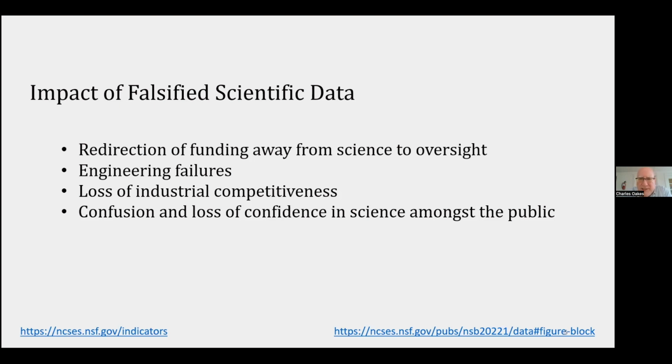Another thing is engineering failures. Most scientists, when they write a grant proposal or write a paper, put in some statements about some practical application of their work. Well, if that science is adopted in application and it's fraudulent, it can contribute to engineering failures.